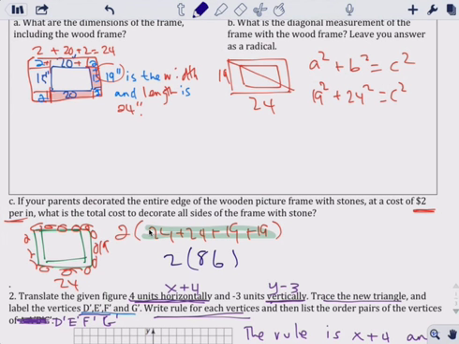So, what is the total cost to decorate all sides of the frame with stones?